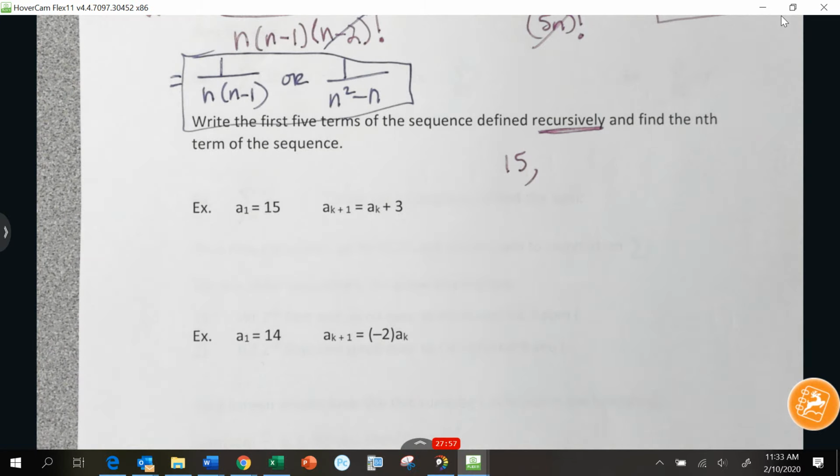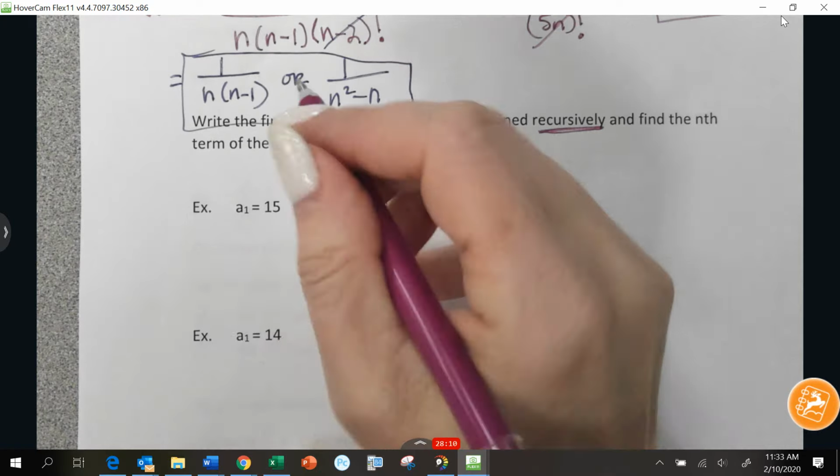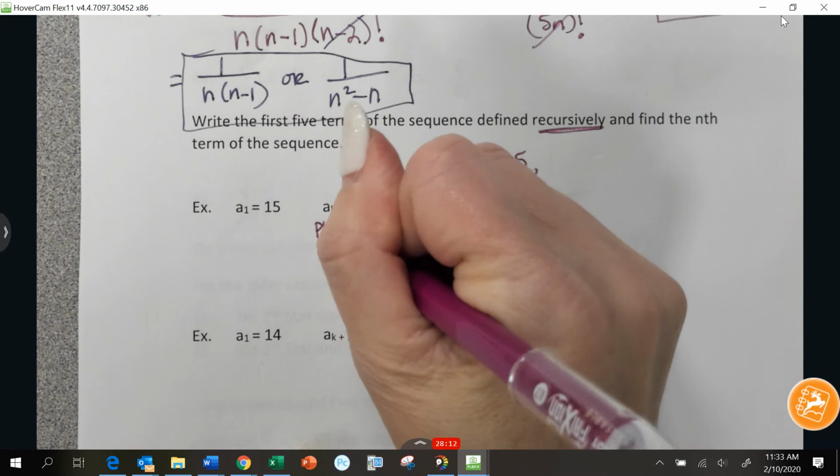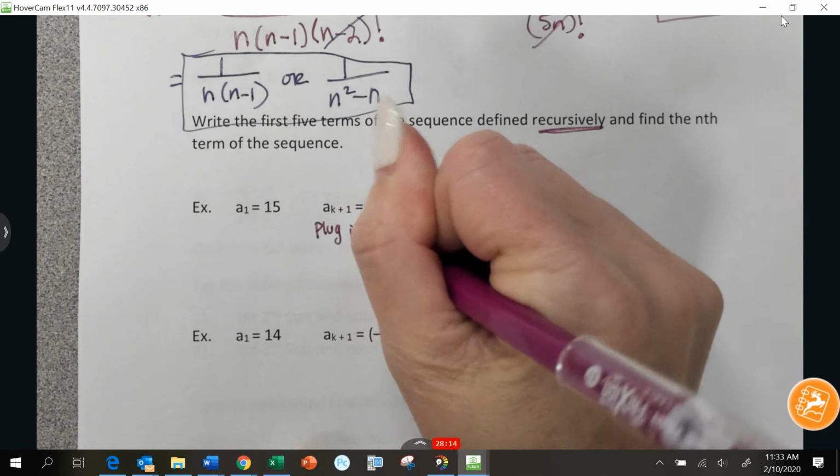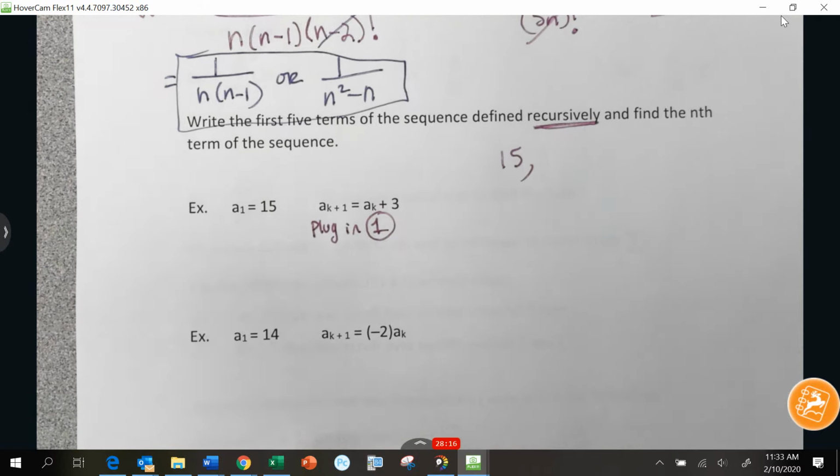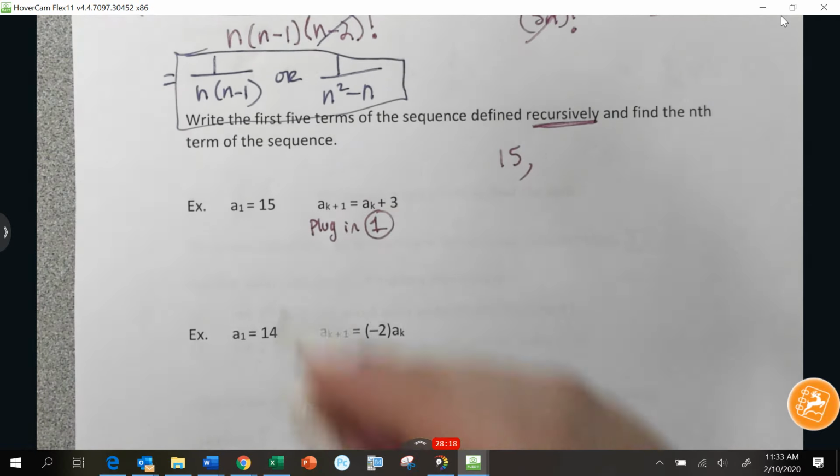What do you think, Sydney? You could do a sub 1 plus 1, which is a sub 2 equals a sub 1, which is 15 plus 3. So you are saying, let's try plugging in 1.